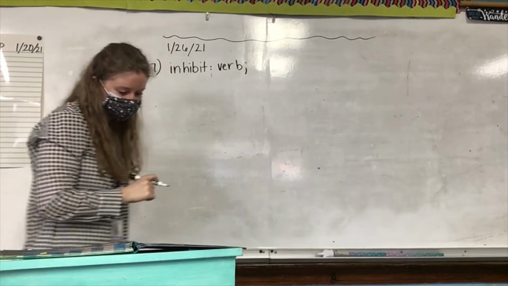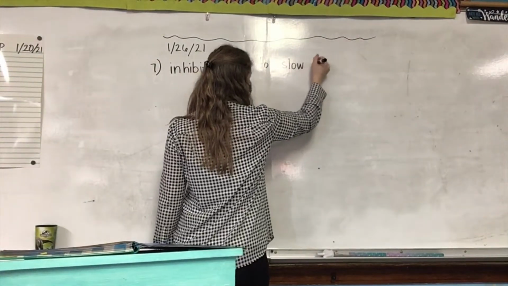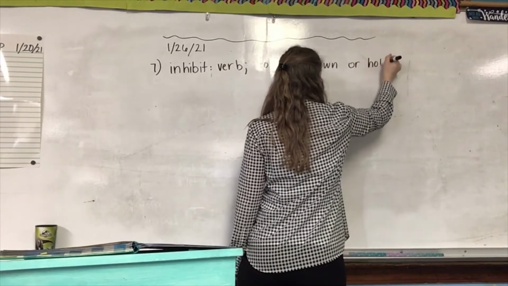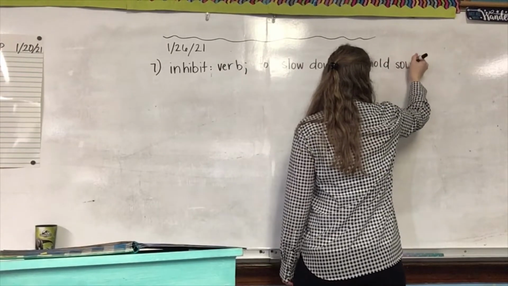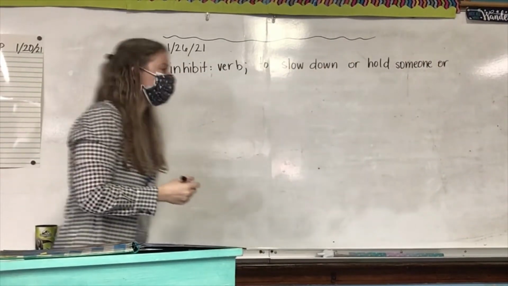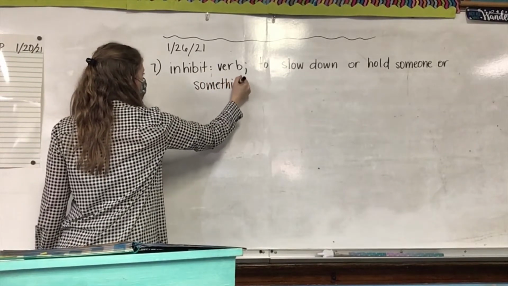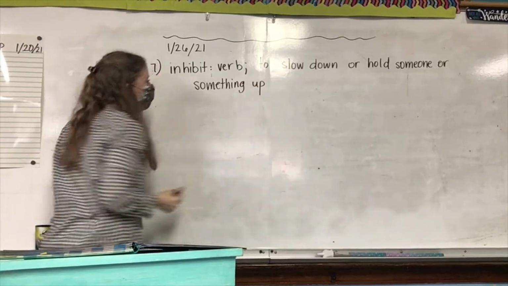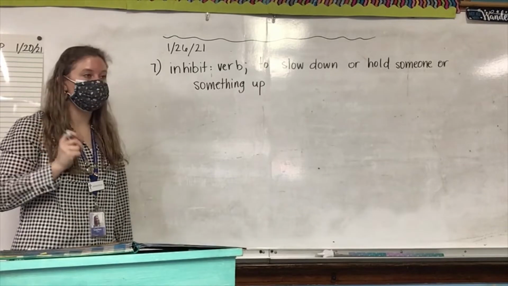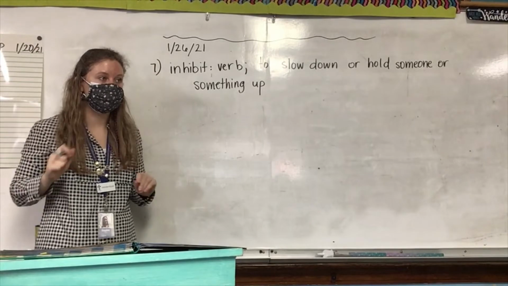And it means to slow down or hold someone or something up. So if you are inhibiting something, you're slowing it down or holding it up. Not holding it up like this, but stopping it from continuing.